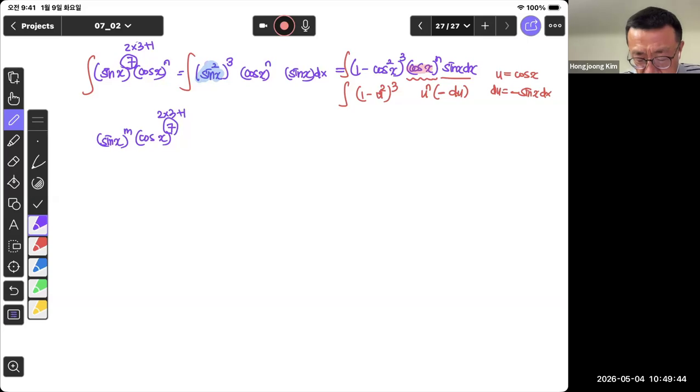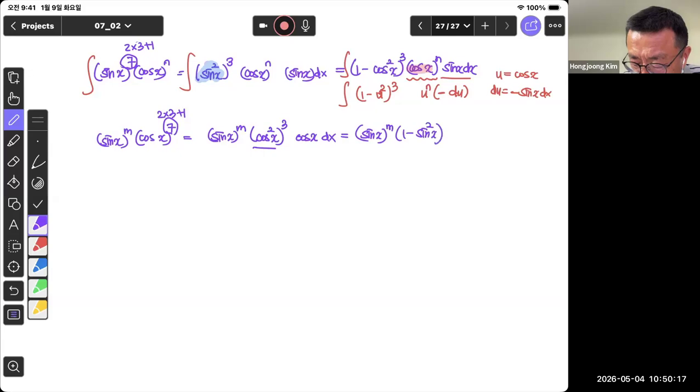And you keep this sine x to the m, but instead of cosine x to the 7th, we split this as cosine x squared to the 3rd times cosine x dx. And then this cosine x squared will be replaced by 1 minus sine x squared.